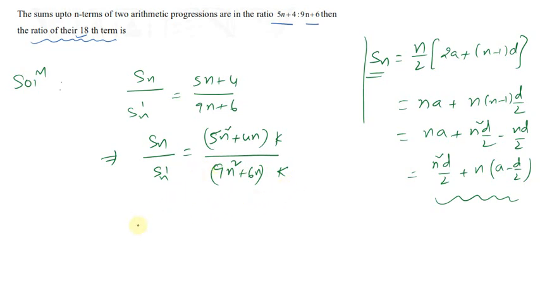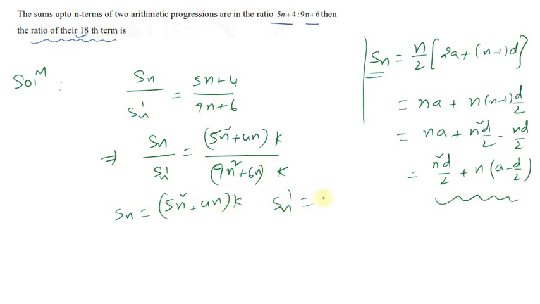Okay, now you can write Sn is equal to... when you compare with this one, you can directly write, since the ratio Sn by Sn dash is given, Sn is equal to (5n square plus 4n) into k, and this k is nothing but a proportionality constant.